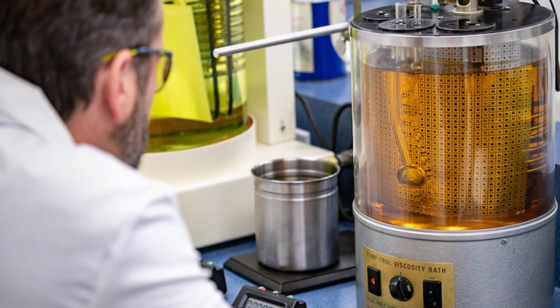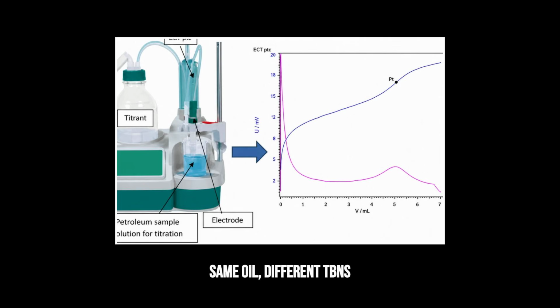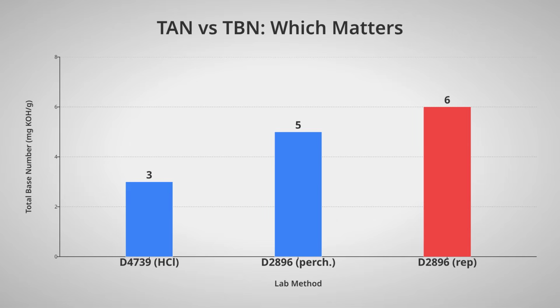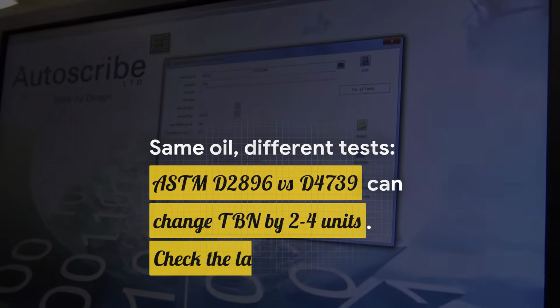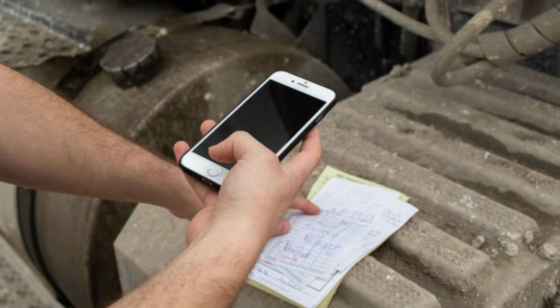Most motor oil formulation data is calibrated against ASTM D2896. So if a lab runs ASTM D4739 and reports a total base number of 3, that same sample might return 5 or 6 on the other method. Without knowing which test the lab used, comparing total base number readings across different reports can lead to conclusions that are directionally wrong. Most labs note the method. Most customers never look.